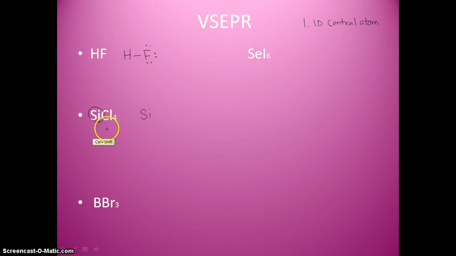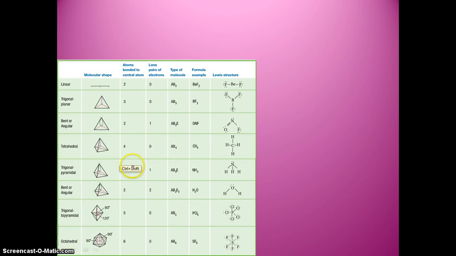So if we look at our molecular structure sheet from yesterday, you can see the terminal atoms, the atoms bonded to the central atom.